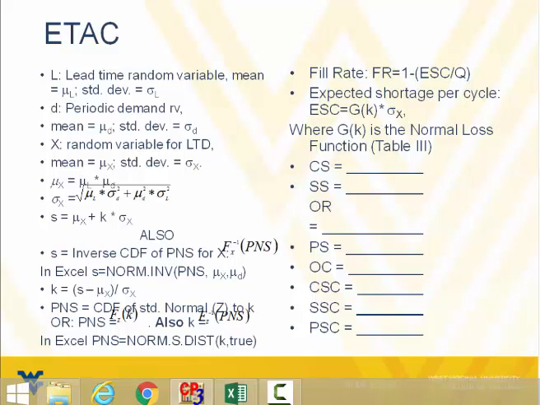How do we calculate reorder point? S is equal to average lead time demand plus K times standard deviation of lead time demand, right?